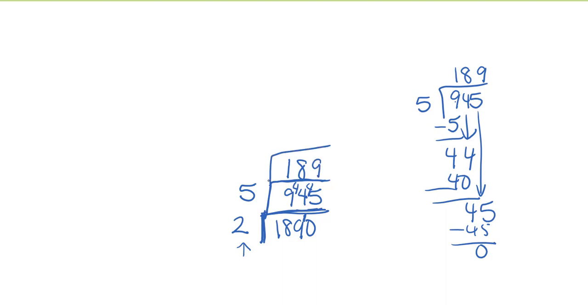Now remembering our divisibility tricks, 1 plus 8 plus 9 is 18, which can be divided by 3. So let's put a 3 there. Now 3 can't go into 1, but it can go into 18 6 times, because 3 times 6 is 18. We have nothing to carry over. Now 3 can go into 9 3 times. Notice we have 63.